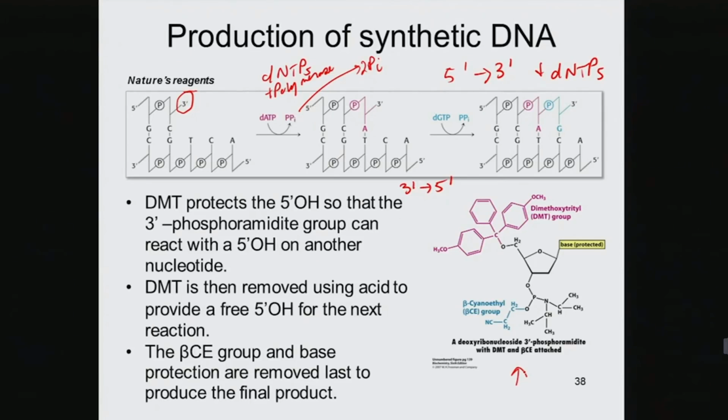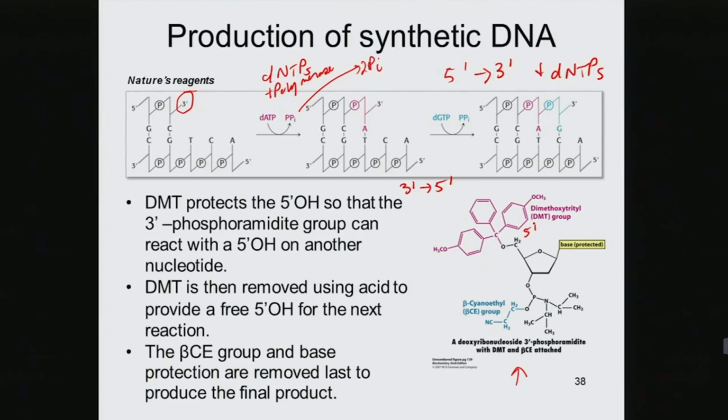So not only are we synthesizing in the opposite direction, we're going to add these modified nucleosides. The first modification is the addition of this dimethoxytrityl group, the DMT, which protects that 5' hydroxyl, so that it doesn't react with another 5' hydroxyl. You protect the bases as well, so you don't get any nonspecific interactions.